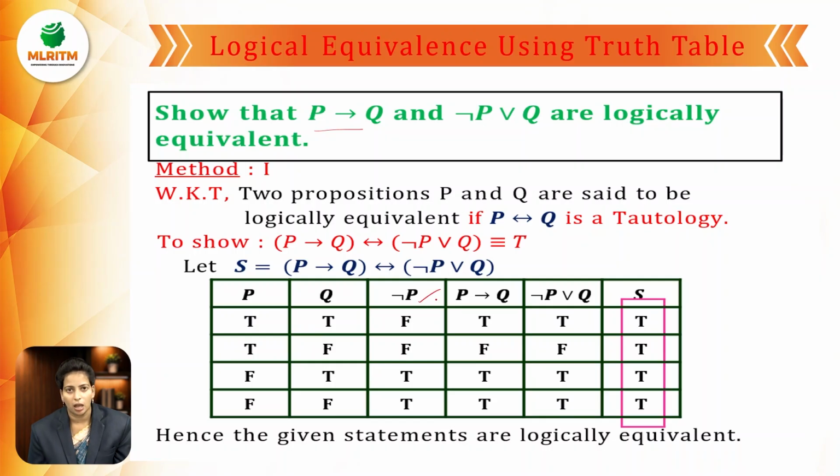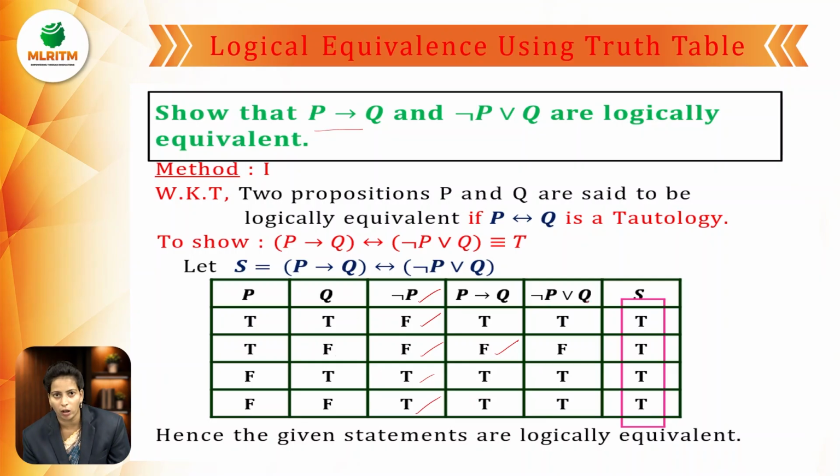Negation P means if P is true, then negation P is false; if P is false, then negation P is true. P is true, true, false, false. For P implies Q, if the first variable is true and the second variable is false, then the result is false. Otherwise, in all remaining cases, it becomes true.